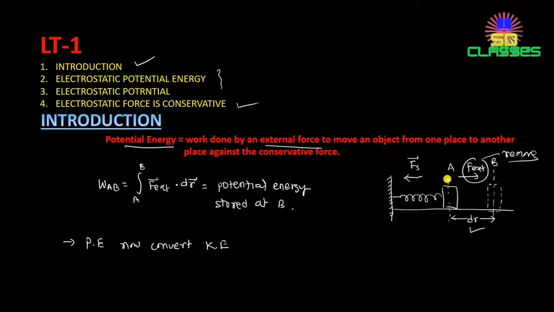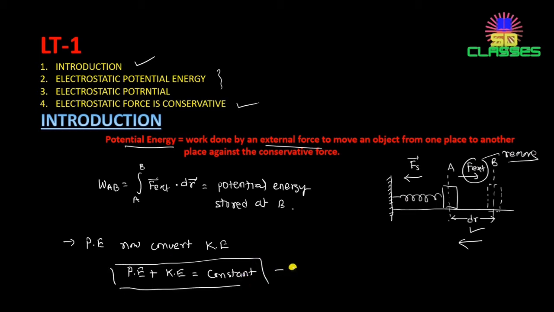How? Because the spring force will now drag the box towards the left direction. That means it is gaining some kinetic energy. So a system where the sum of potential energy and kinetic energy remains constant is called a conservative system.